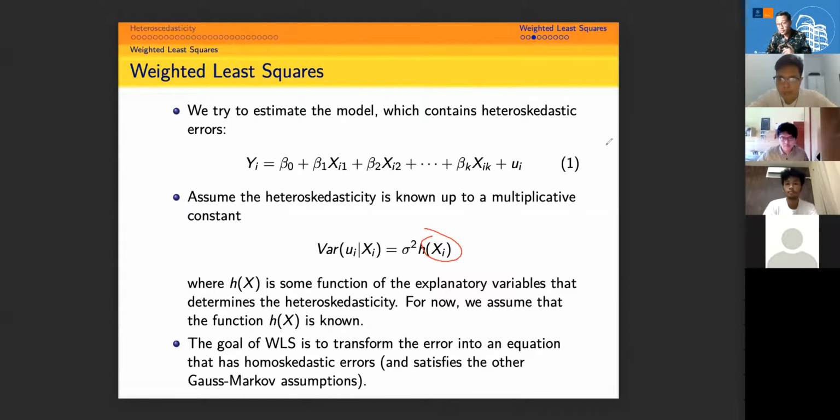The other assumptions still need to be challenged, particularly the zero conditional mean assumption. However, given the transformation, you can fulfill the homoscedasticity assumption.